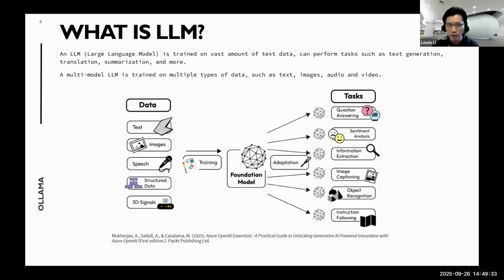So there are two different types of model. One is generally for text, another is for multimodal, which can generate different kinds of formats of information. So this is what we learn about the LLM.